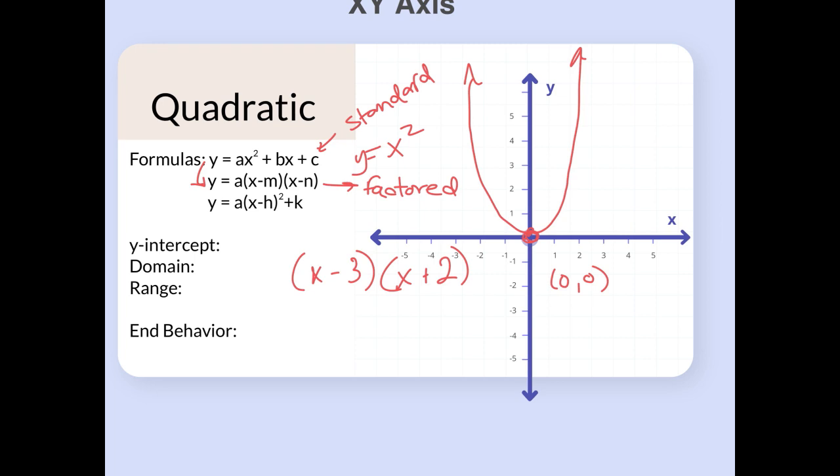If we're looking for a solution, we then need to take that factor and set it equal to 0. And then you're going to solve the equation that you created for each of these. So plus 3 on both sides, minus 2 on both sides there. So we would get x is equal to 3, and x is equal to negative 2.